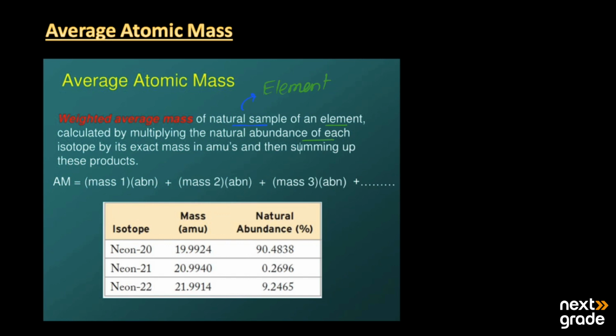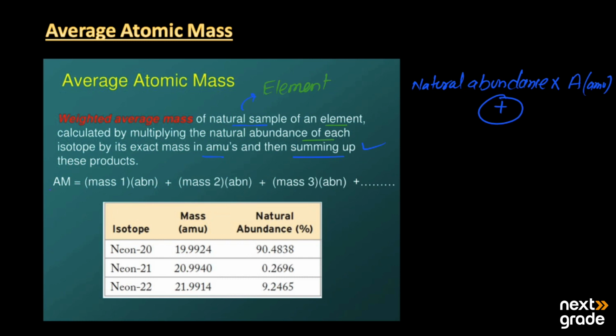In simple words, we have to multiply the natural abundance or relative abundance of the element with its exact mass number, which must be in AMU, the atomic mass unit or relative atomic mass, and then sum them up, that is, add them.